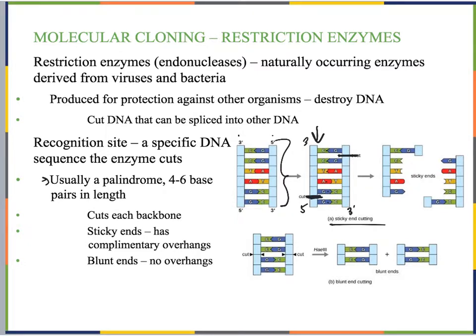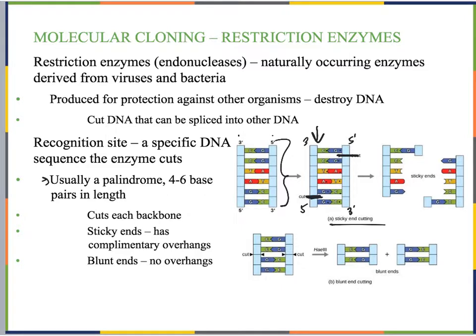If we look at the other side, 3' to 5', we also have CCTAGG. It's the same thing, it's a palindrome. And so wherever it finds this sequence of CCTAGG, it's going to cut between the 2 G's on the sugar phosphate backbone.